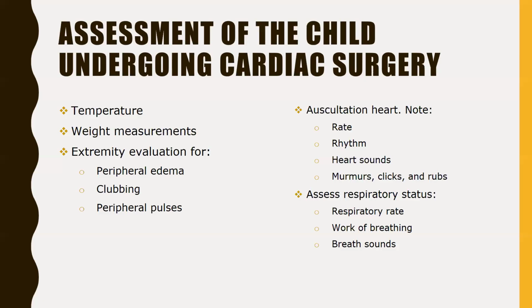We need to check their extremities for any peripheral edema, clubbing, and check all their pulses in the upper and lower extremities. Auscultate the heart, noting the rate, rhythm, heart sounds, and if there are any murmurs, clicks, or rubs present. Assess the respiratory status for the respiratory rate, their work of breathing, and breath sounds.